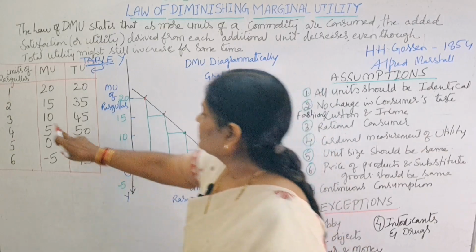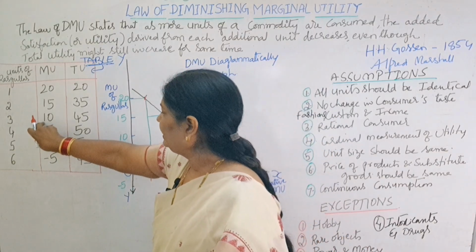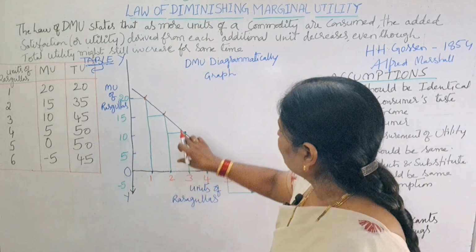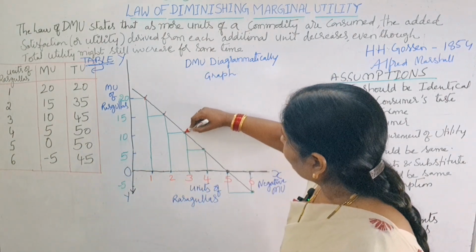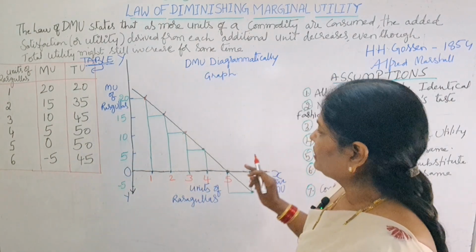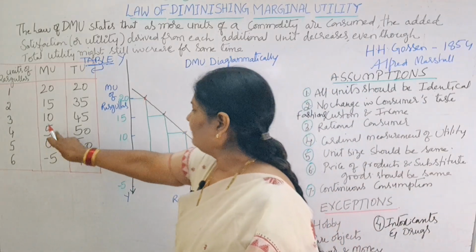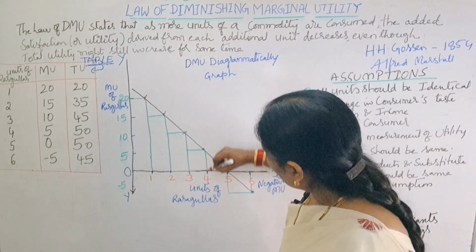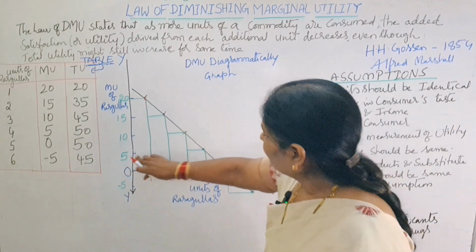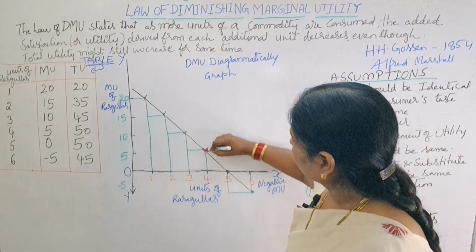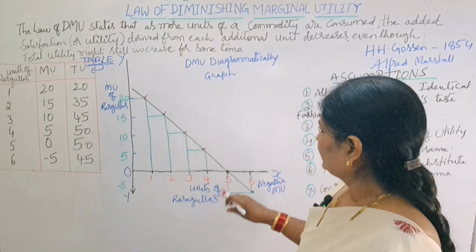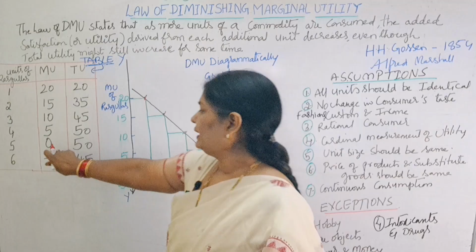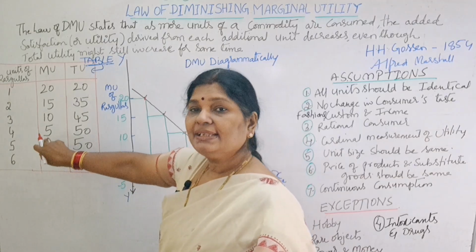Next, third rasgulla, what is your marginal utility? 10. So at the third rasgulla, your marginal utility is 10, right? Next, fourth rasgulla, it is 5. So this is the fourth rasgulla and 5 utils, right? Next, fifth rasgulla, our marginal utility is 0.